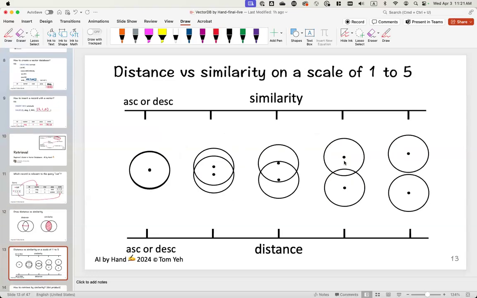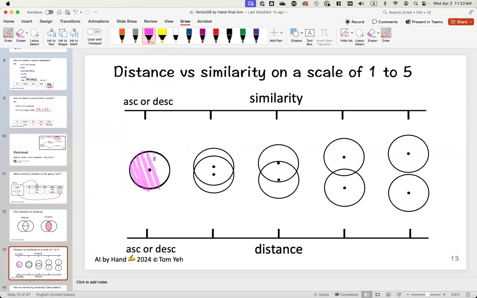With that, the next exercise is that I would like to ask you, on a scale of 1 to 5, can you put distance and similarity on this scale? On the top, I have similarity. At the bottom, I have distance. I start with similarity, using this color pen. Similarity is the overlap.